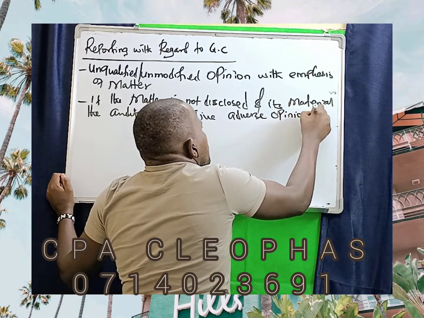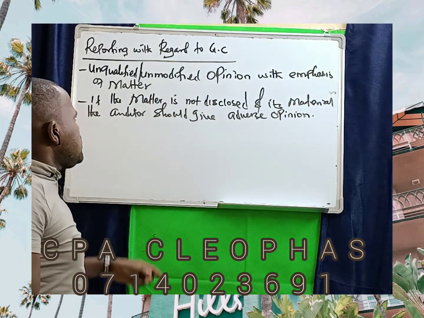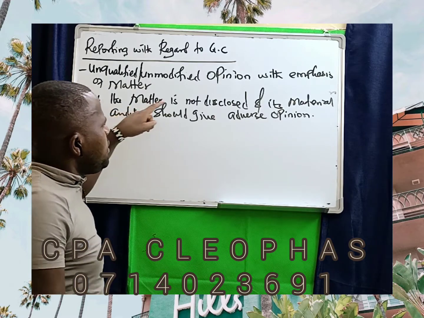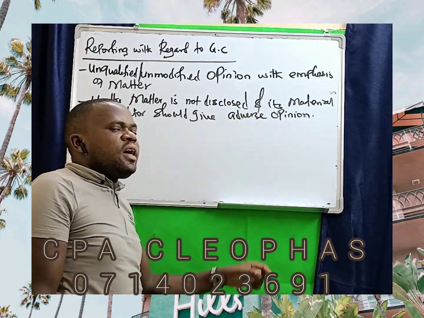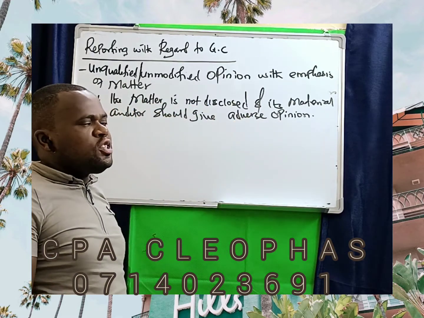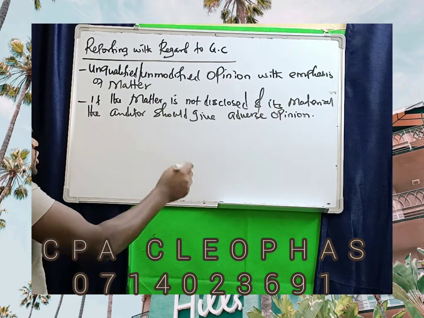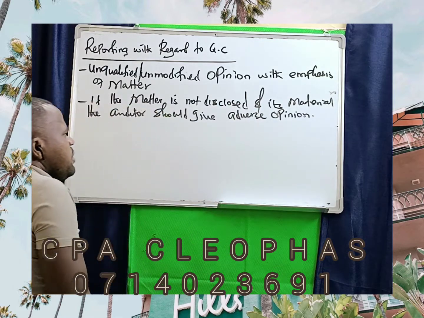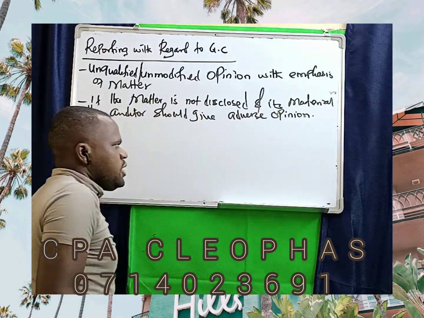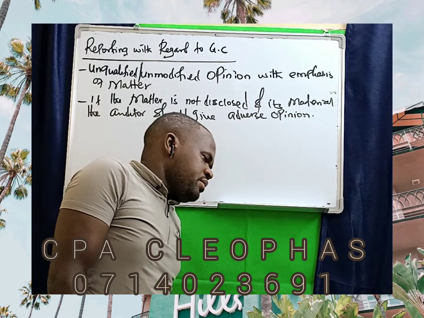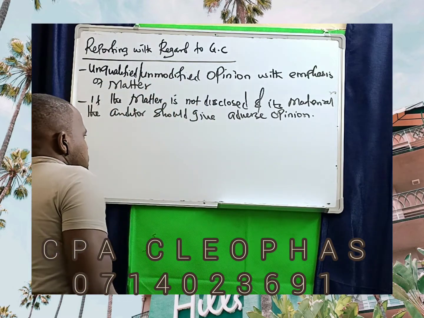Adverse opinion is the worst opinion. It is questionable, and it has not been disclosed, meaning things have not been done the way they should be done. There is no compliance with the standards because the standard requires proper disclosure. The matter is again sensitive or very material. We give the worst opinion. That's adverse opinion.